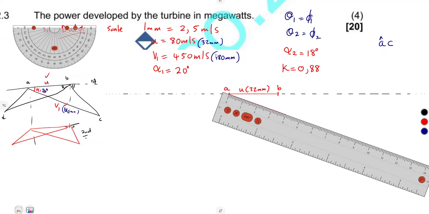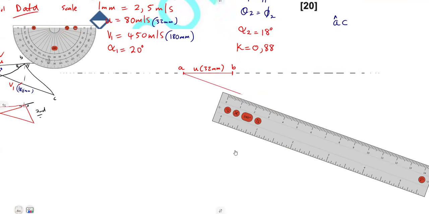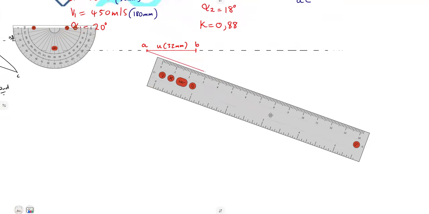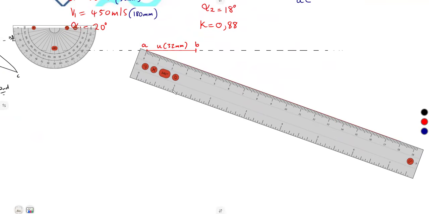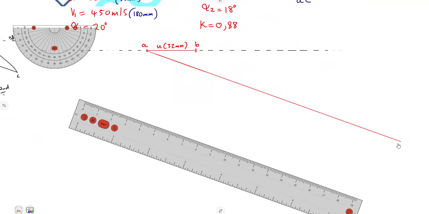And V1 is 180 millimeters, which is 18 centimeters. So you're actually supposed to measure 18 centimeters. All right, so let's try to increase this up to 18 here. So I'm gonna join from 18 going this side up to point A. So this is exactly our 18 centimeters from A to this point.